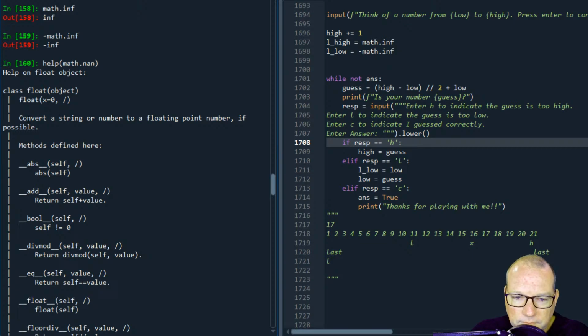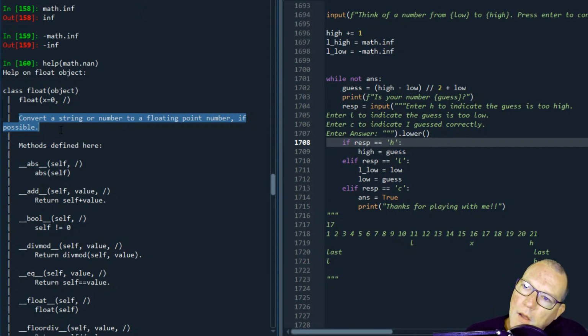So it's the way that a computer handles it. NaN, if I remember, came about from, I can't remember. NumPy made it very popular.